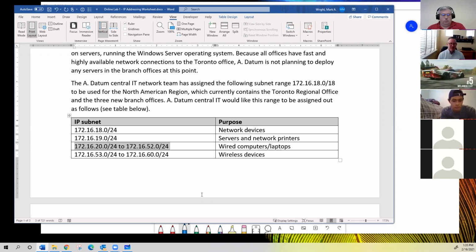You take this Class B and break it down into multiple smaller segments, like we talked about with the whiteboard. So you could have a 20 net, a 21 net, 22, 23, 24, all the way up to 52. So Matt, what would you choose for Houston as the subnet?